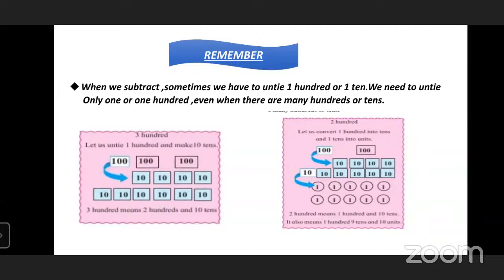That is, 300 means 200 and 10 tens. And while talking about the conversion of tens into units, 10 tens, sorry, 110 is equal to 10 units. It means we have to untie only one.